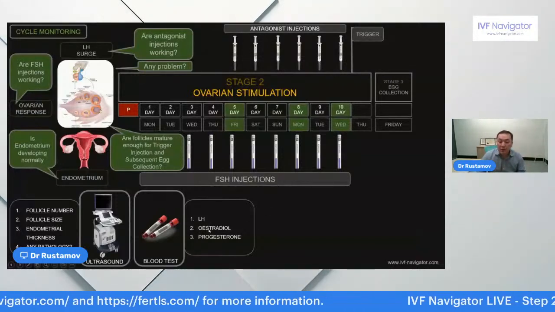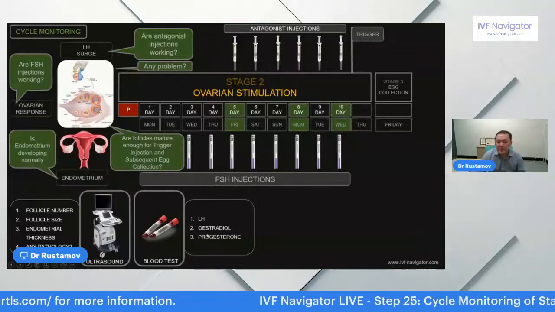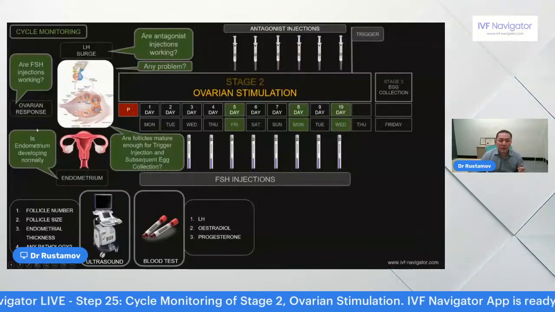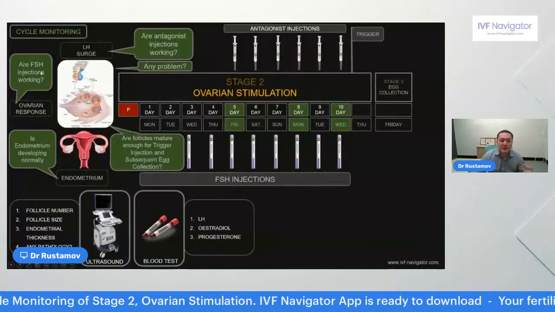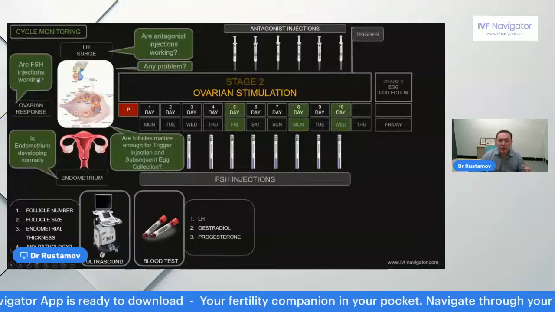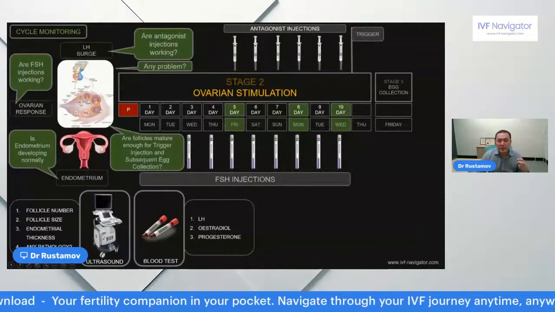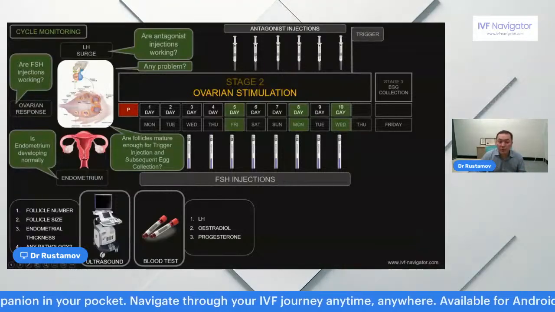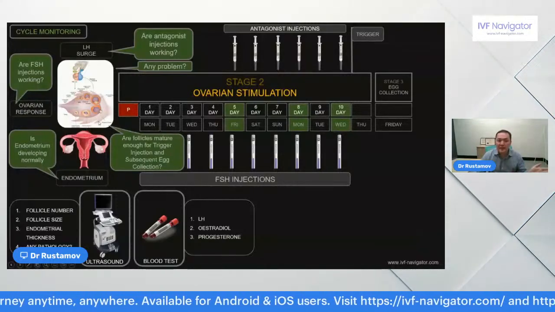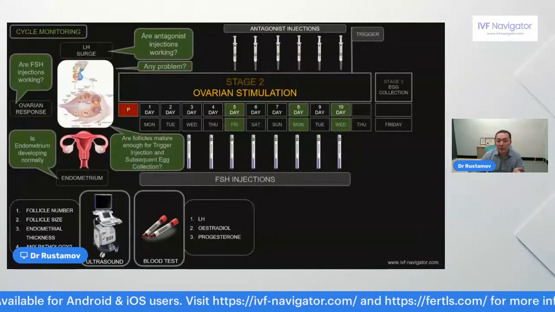The second hormone we check is estradiol. The reason for checking estradiol is to answer this question: are our FSH injections working? Because estradiol is produced from growing follicles, the higher the level of estradiol, the higher the ovarian stimulation.